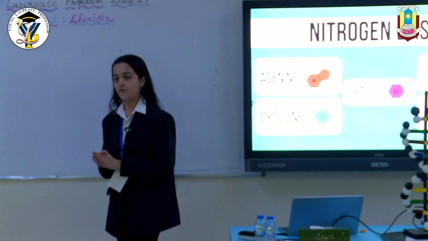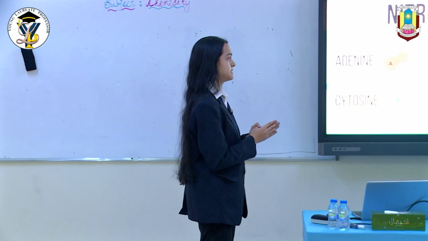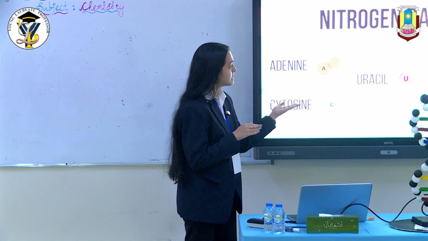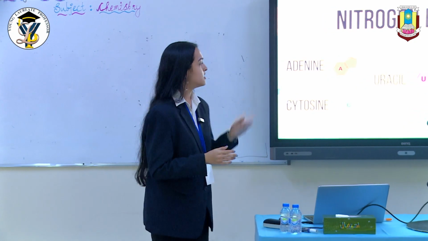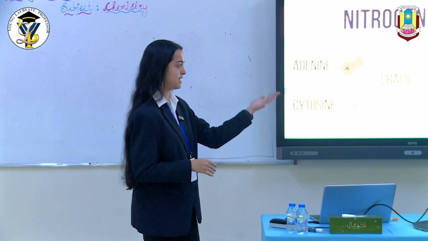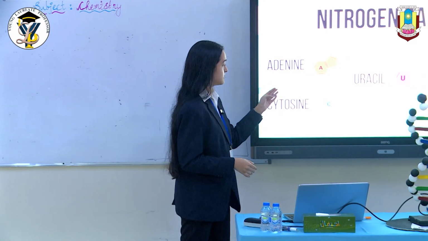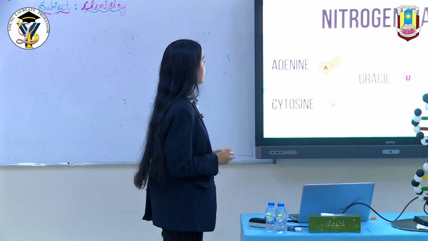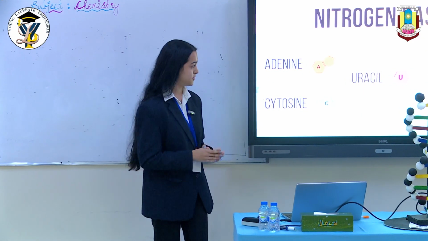Well, as I said before, nitrogen bases are also a very integral part of nucleic acids. There are 5 main nitrogen bases, and uracil and thymine are not present in both DNA and RNA. Uracil is present in RNA, whereas thymine is present in the DNA molecule. Firstly, we have adenine and guanine, both of which are purine nitrogen bases, and cytosine, uracil and thymine, all of which are pyrimidine nitrogen bases.